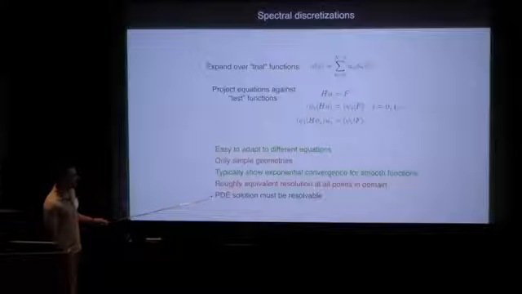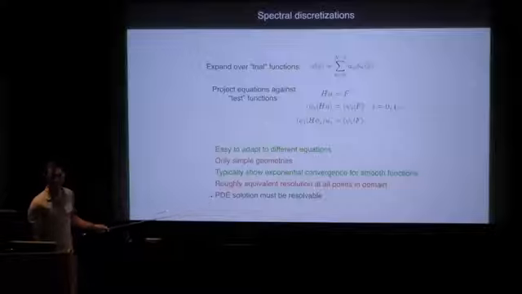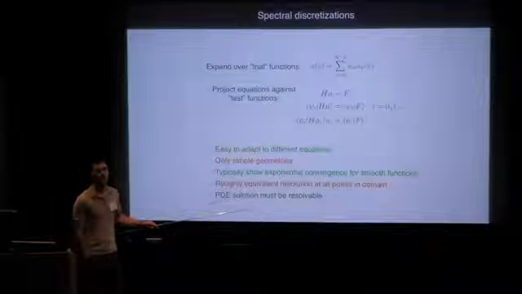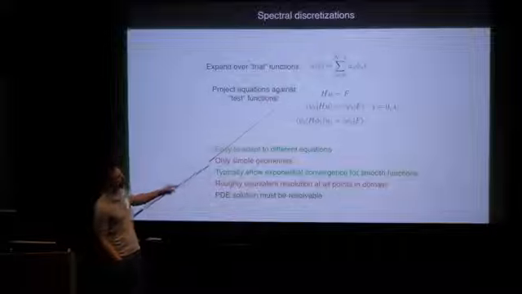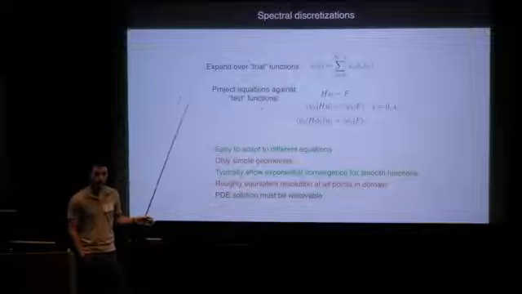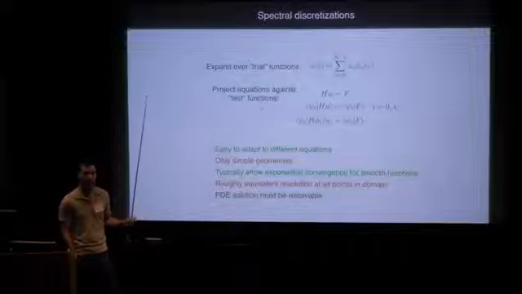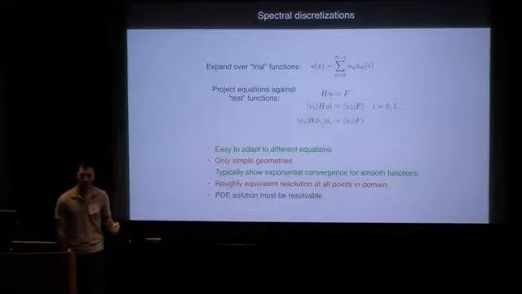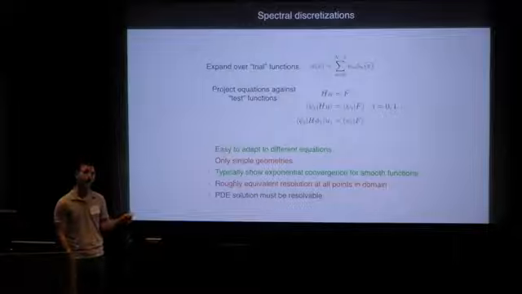Neither good nor bad, I would say, is that another limitation, or requirement, of spectral methods is that they require that the PDE solution itself is resolvable. So it turns out that this method has very little and essentially no numerical dissipation at the grid scale. So you can't rely on implicit LES simulations like we heard about before to actually dissipate turbulence, for instance.